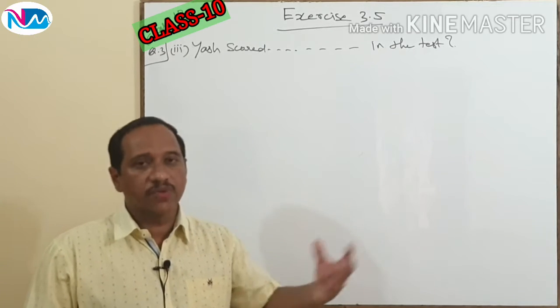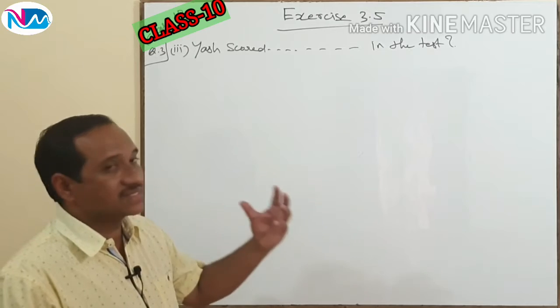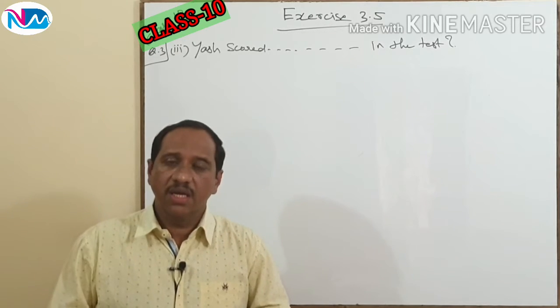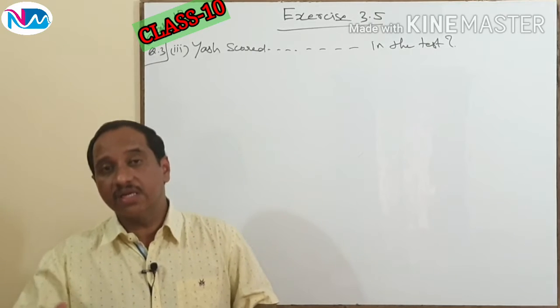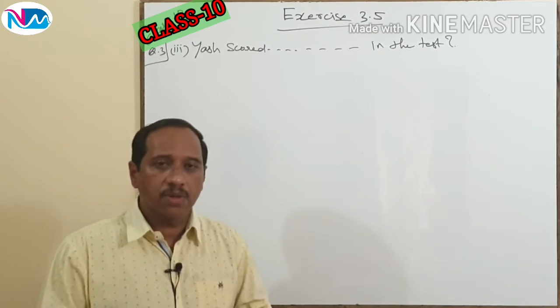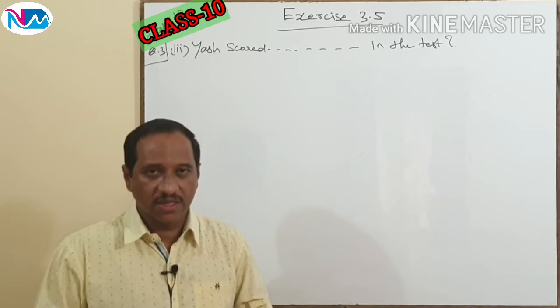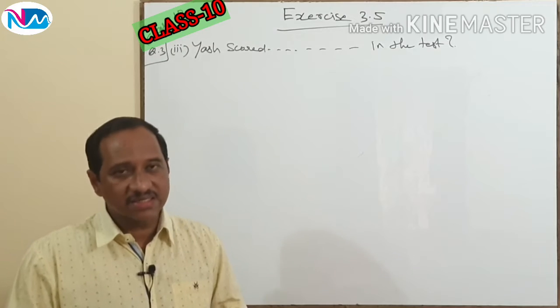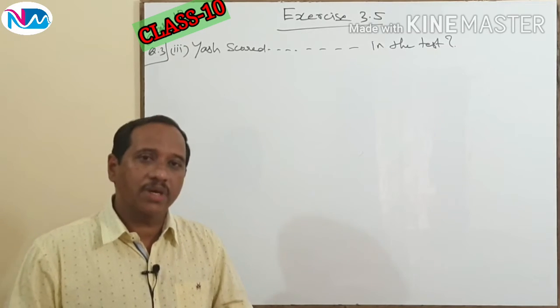In the first situation, Yash is getting 40 marks. In the second situation, Yash would have scored 50 marks. The question is to find the total number of questions in the test. Here the two unknown values are the number of correct answers and the number of wrong answers.